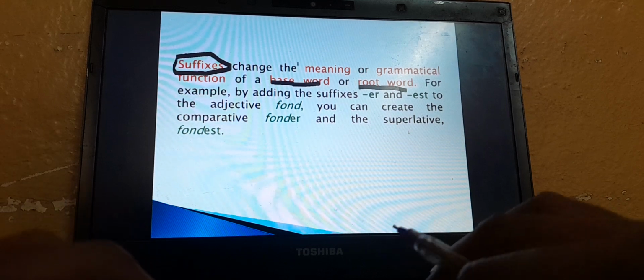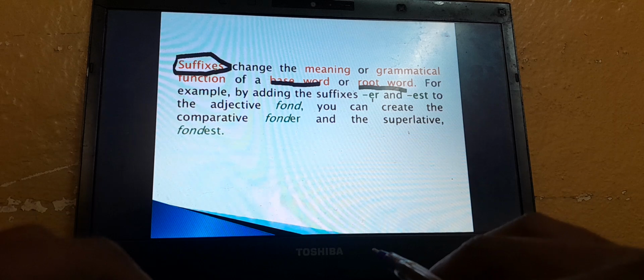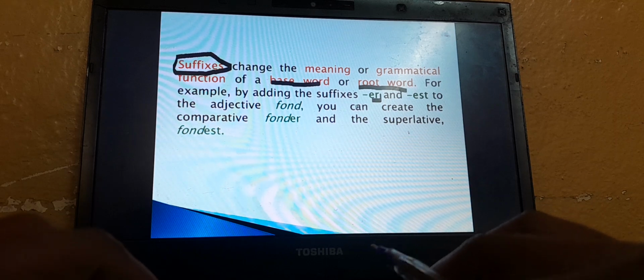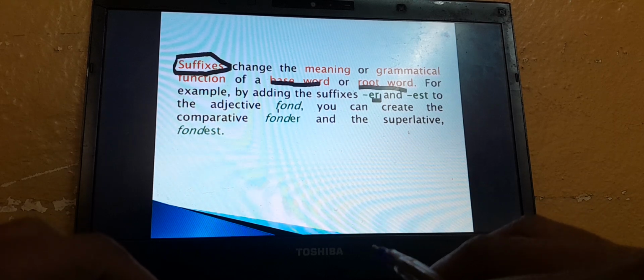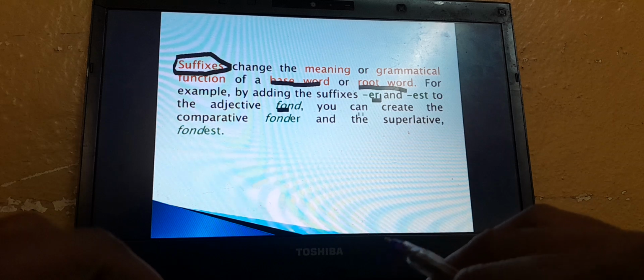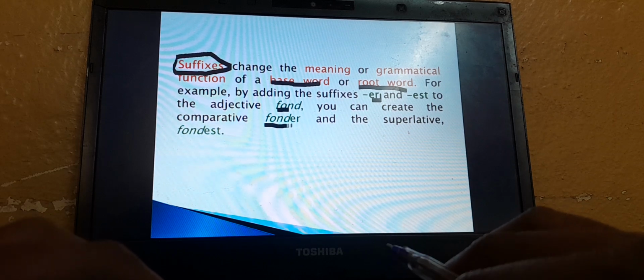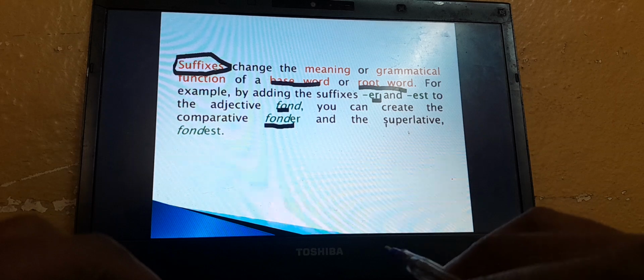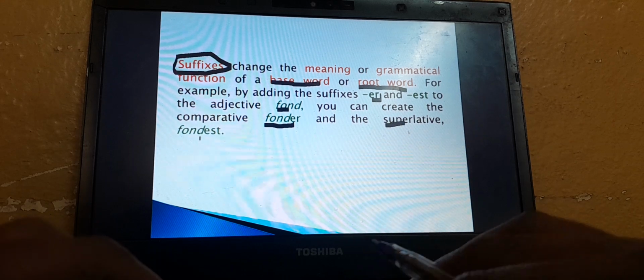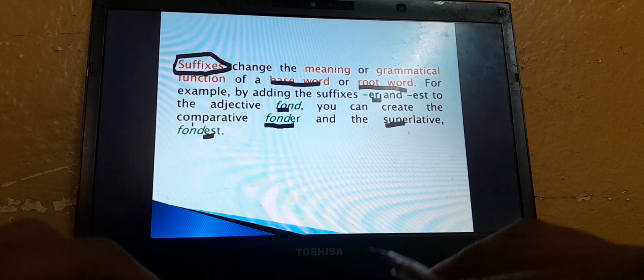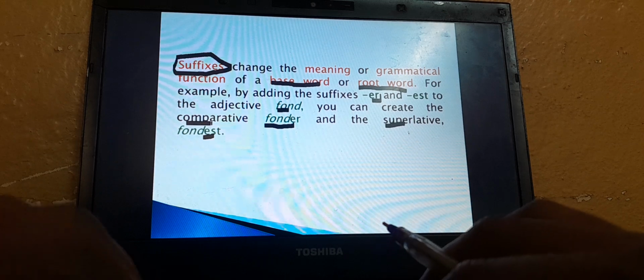These are the suffixes that have been added to the adjective form and changed it into the comparative and the superlative.